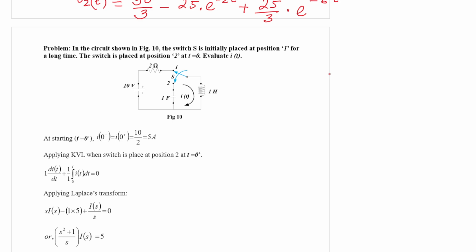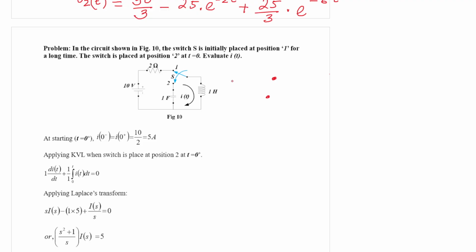Now again we have the same kind of figure that we have discussed in the first problem in this session. One difference is that the switch has two positions, position 1 and position 2.